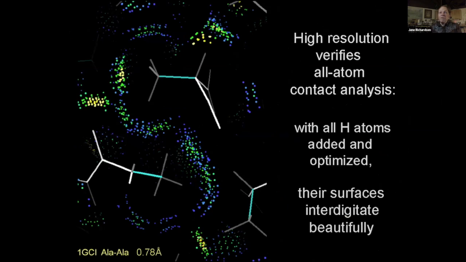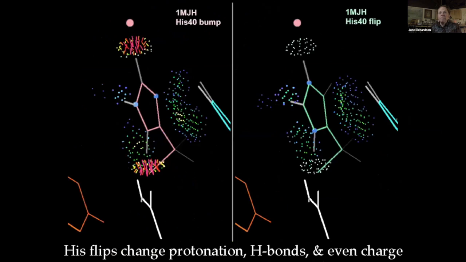So the reason we believe this is that indeed all atom contacts look marvelous in the good parts of high resolution structures. And you discover when you start paying attention to them that you can really improve things. So here's a histidine, which happens to be at an active site.